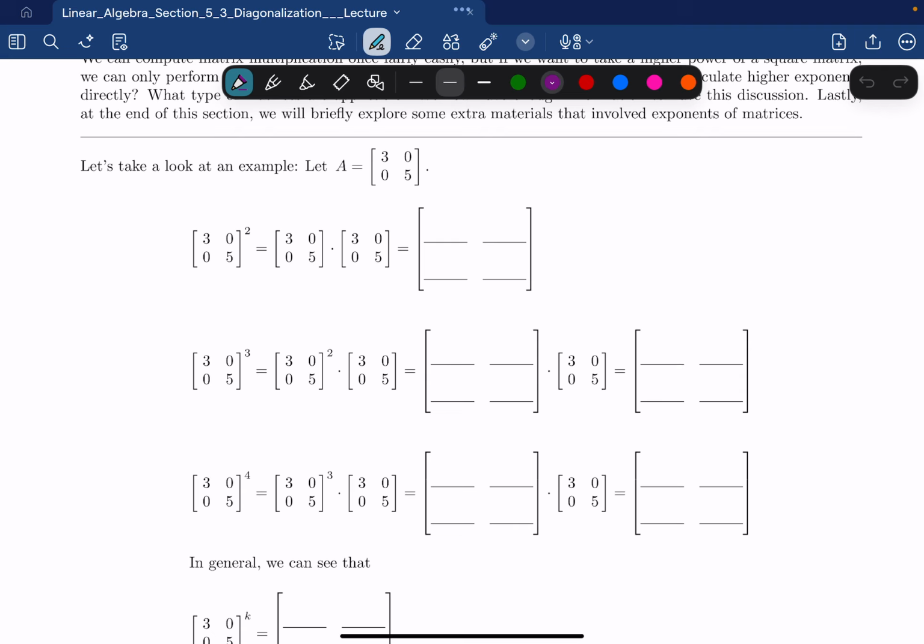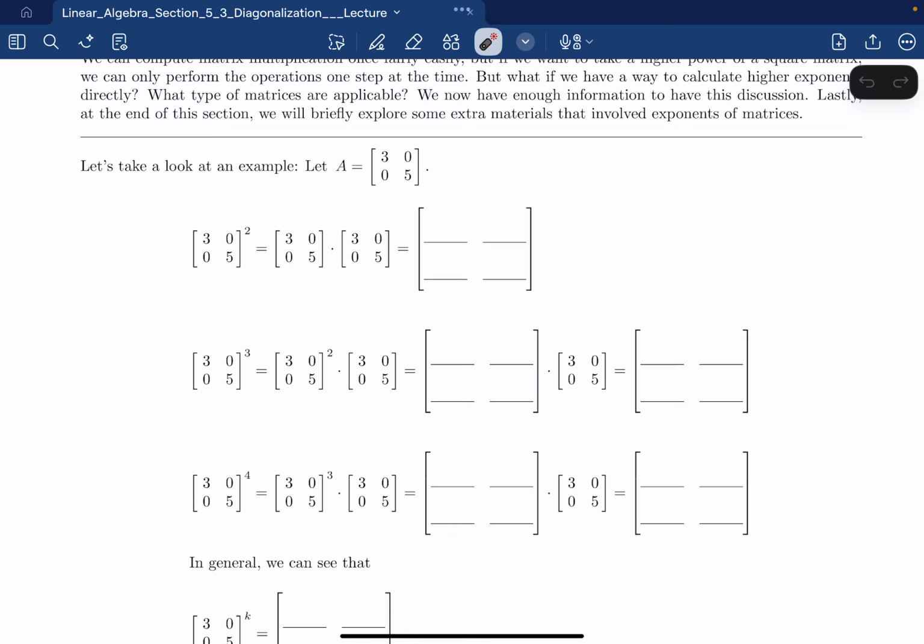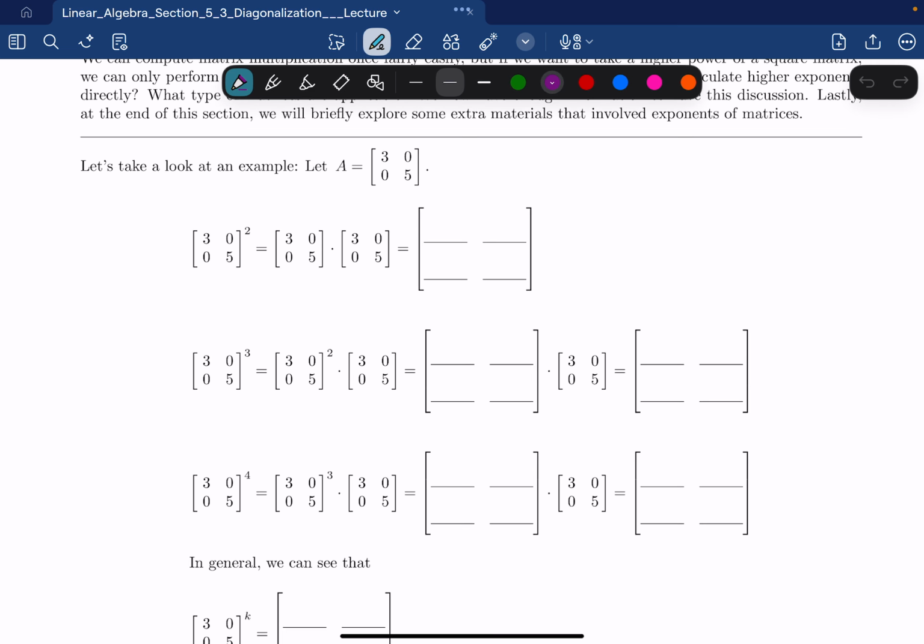So A squared is [[3,0],[0,5]] times itself. When we do the standard matrix multiplication, we get 3 times 3 plus 0 times 0, and then 3 times 0, 0 times 5. And just to show you the pattern here, I'm going to write out exponents instead of the actual value.